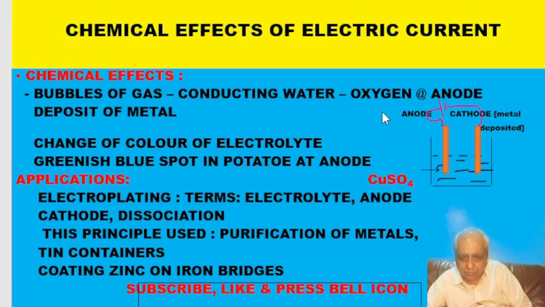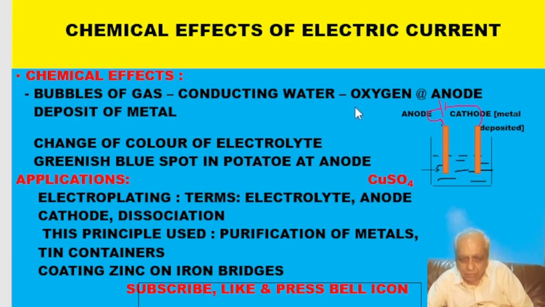So these are the various observations which indicate that chemical changes take place: liberation of gases, change of color of electrolyte, and we will now be learning electroplating, where we see that metal gets deposited. So deposition of metal. These are the three main important observations that indicate that chemical effects take place when current is passed through a conducting liquid.